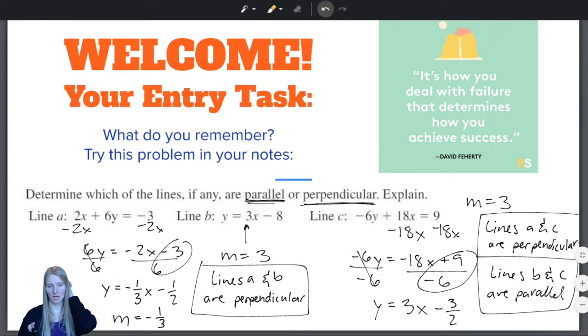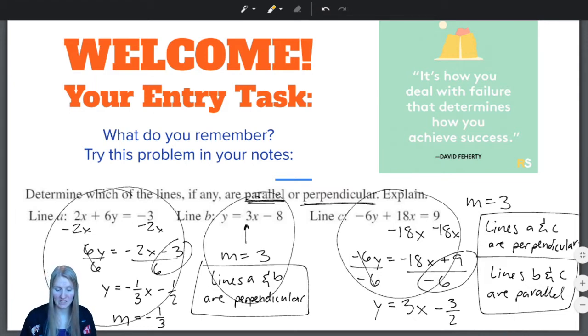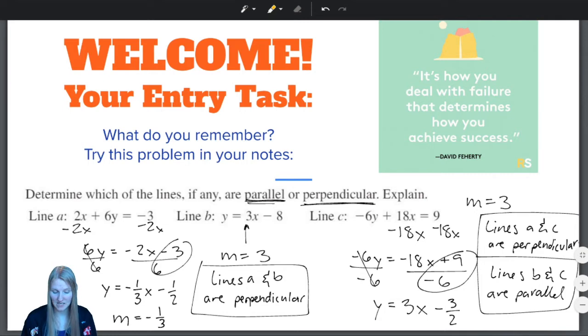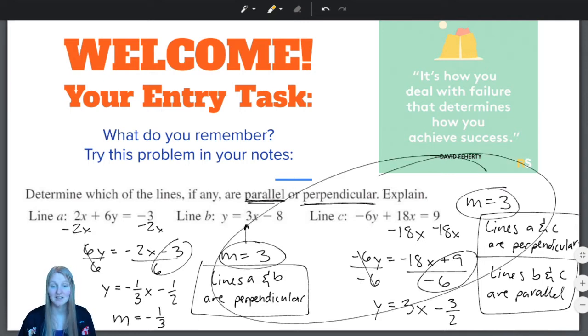Ta-da! Because 1/3 is the negative reciprocal of 3, A is perpendicular to both B and C. And because B and C both have a slope of 3, they are parallel.